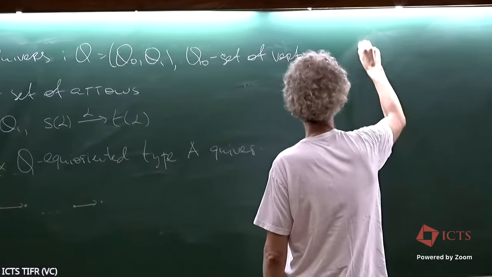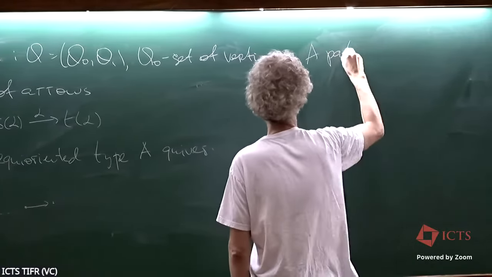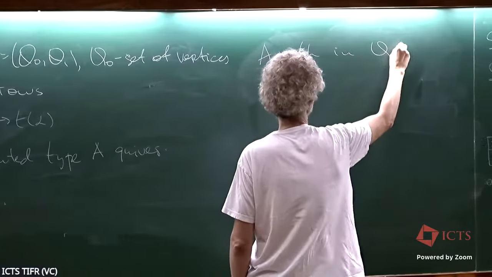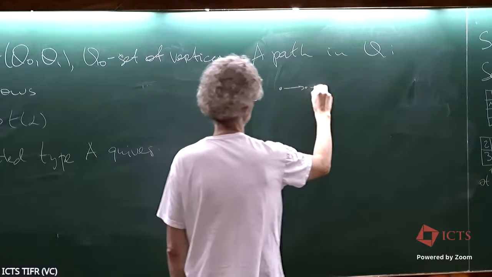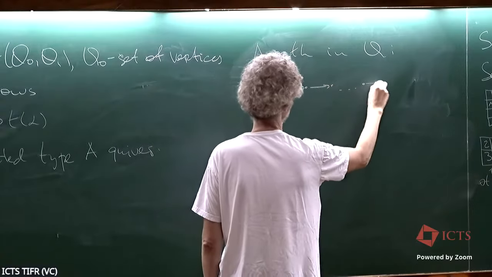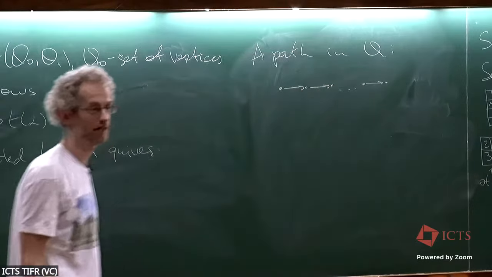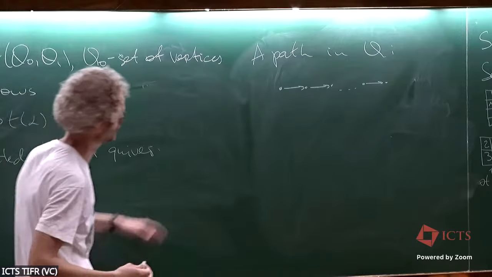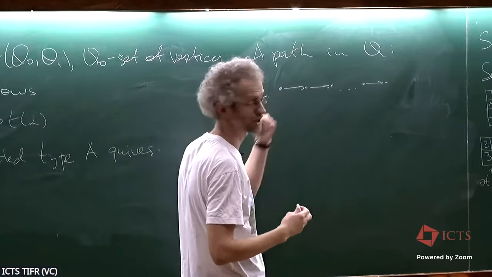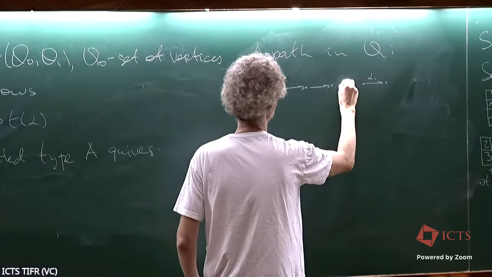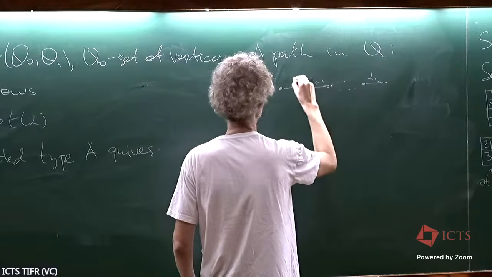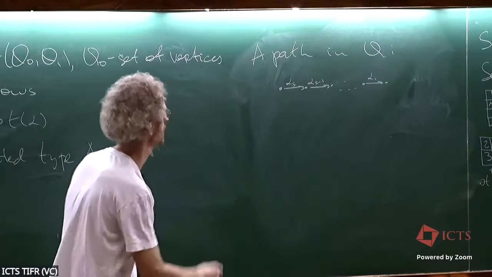A path in Q is just a path, meaning that you take several arrows such that the source of the next one is the target of the previous one: alpha 1, up to alpha s minus 1, alpha s. So this is a path.